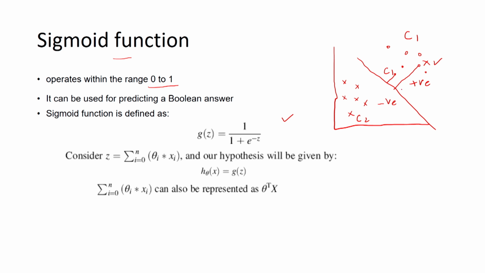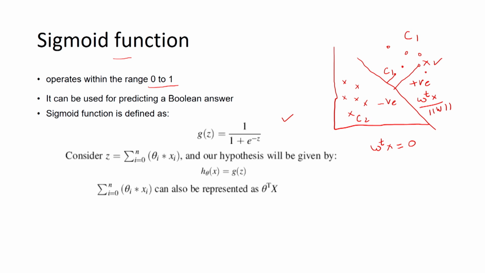So, what is this distance? We know that this distance is W transpose x upon mod of W, where your classification boundary equation is W transpose x is equal to 0.